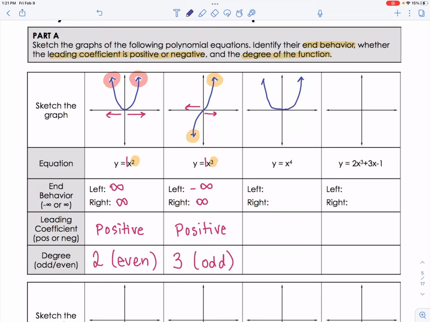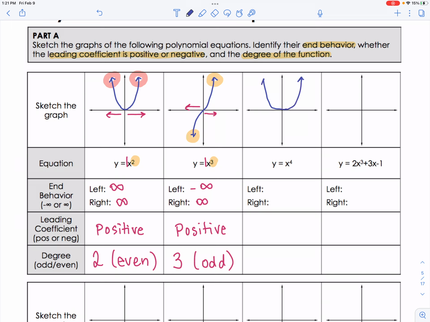And now, again, when they ask for end behavior, what's happening at the ends of the graph? We don't care about anything that's happening inside. We're looking at just those end behaviors. If I go to the left, it looks very similar to our x squared.